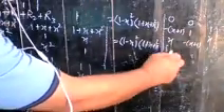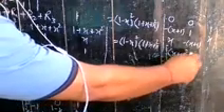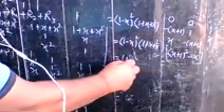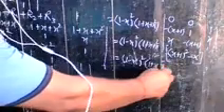Simplifying it, that can be written as 1 minus x whole square into 1 plus x square into x square plus 2x plus 1 minus x.